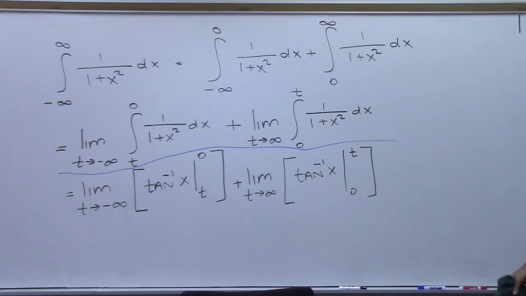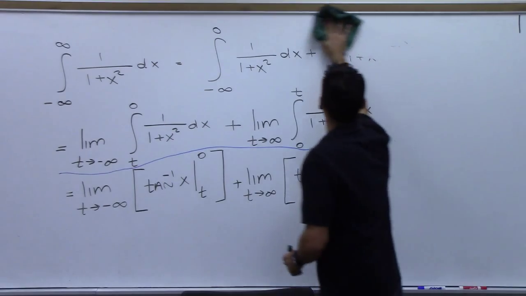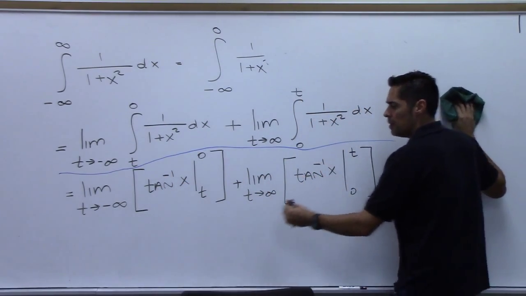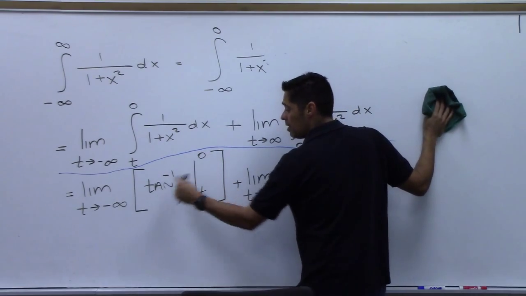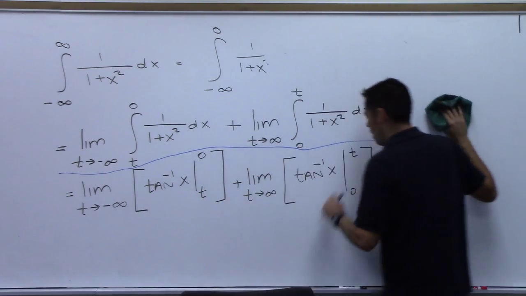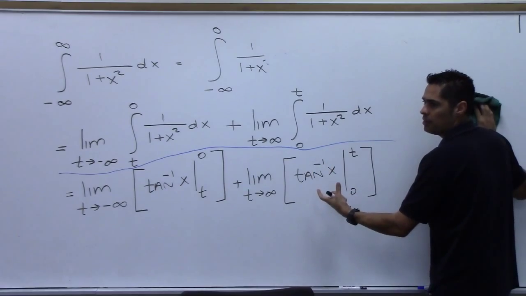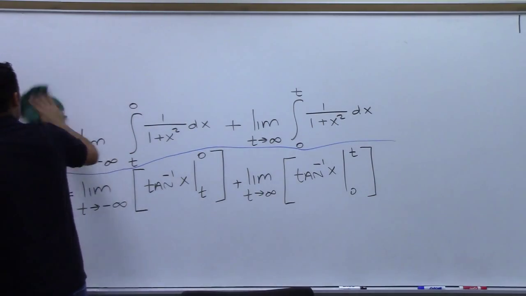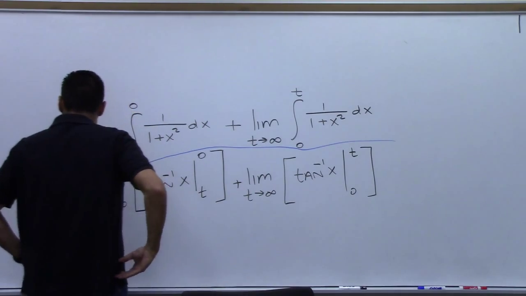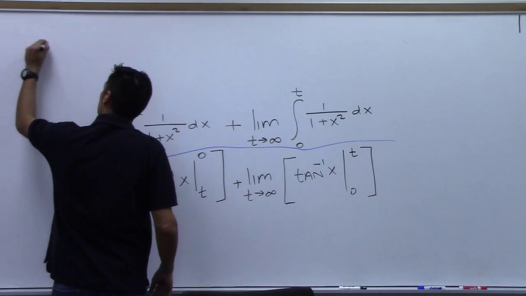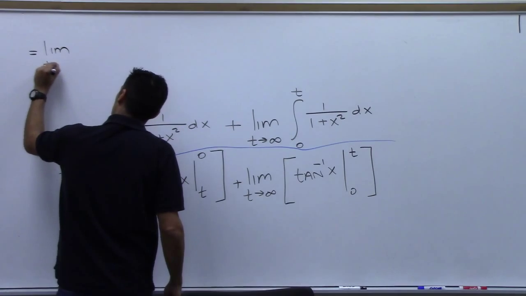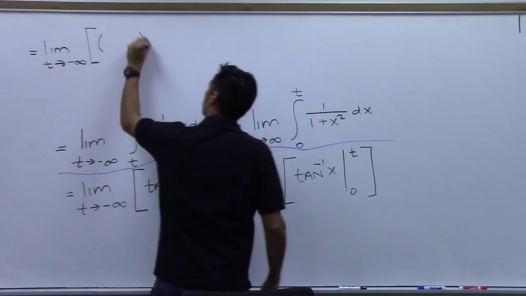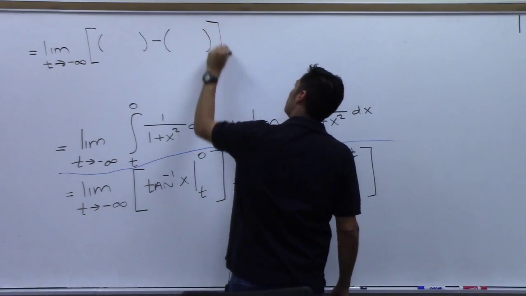Yes? Okay, so my next line, all I'm going to do is find out what's happening inside these brackets, which means fundamental theorem of calculus: 0 in here, t in here, subtract. T in here, 0 in here, subtract. All right, so let's do that up here. The limits are going to be sitting out in front of all those. So we'll have limit t goes to negative infinity, bracket, parenthesis, parenthesis, minus, parenthesis, parenthesis.